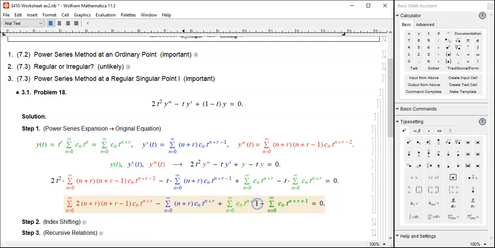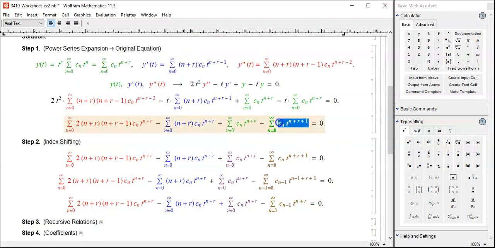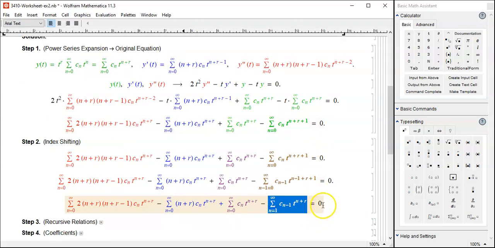This one was t to the n plus r power to begin with, no problem there. Now pass on this t into this, and we get t to the n plus r plus 1 power. We have a problem. We need index shifting. Go ahead and do that. This one finally becomes like this: Cn minus 1 t to the n plus r power, where n is going from 1, not 0.